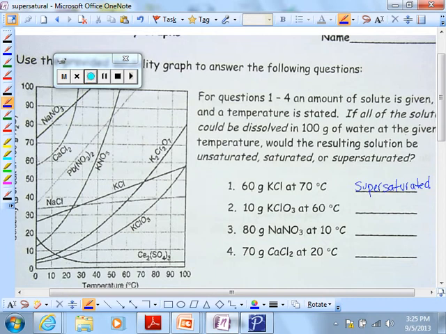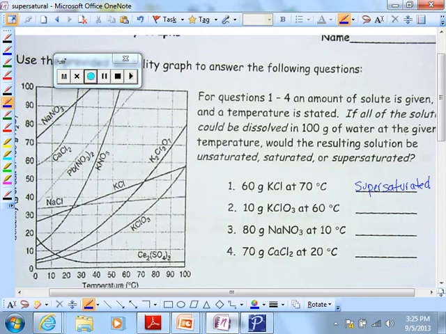Well, if the ice is in there, that sugar is going to fall to the bottom. But if that water was warm, the sugar would dissolve, and then once it cools down, the sugar will stay in there. Tea is a super saturated solution. So the only way to get this 60 in there would be to go up in temperature and then drop the temperature back down.